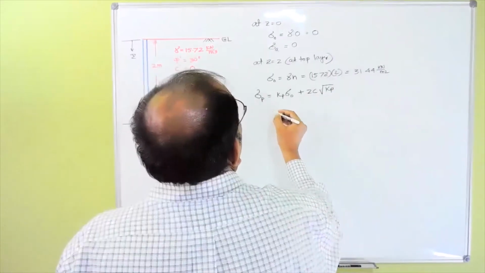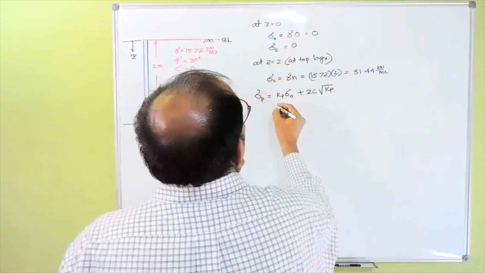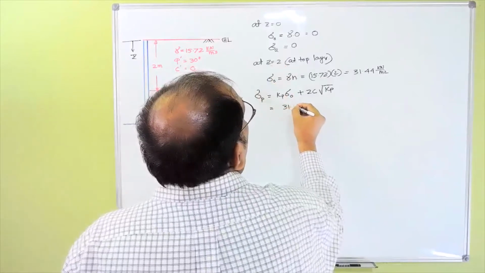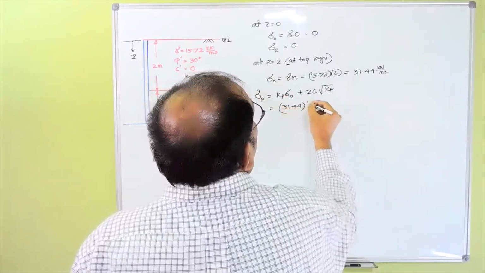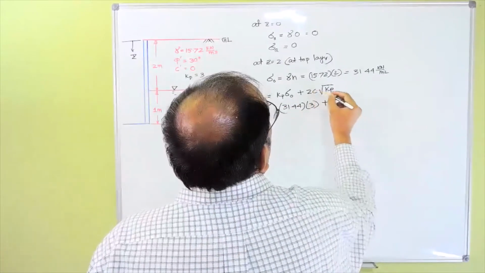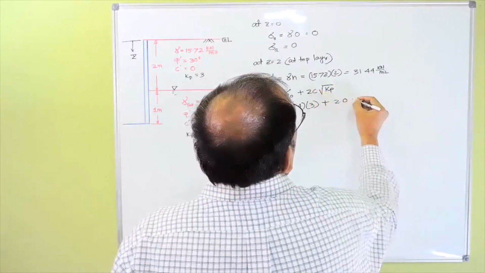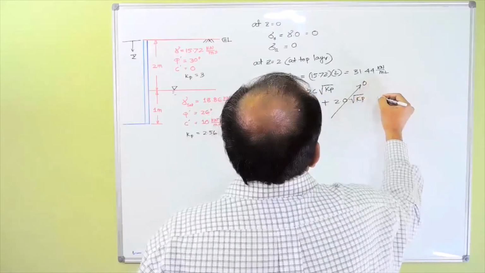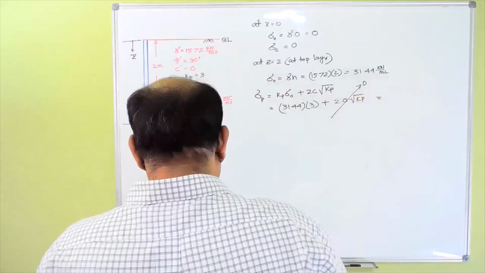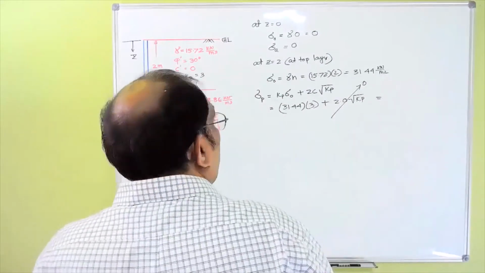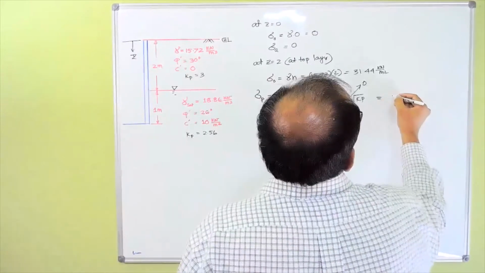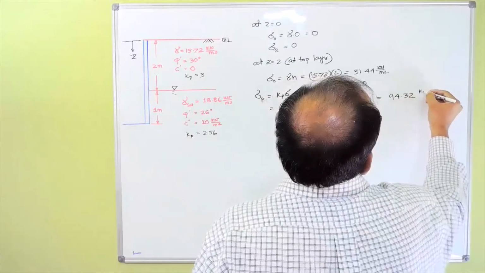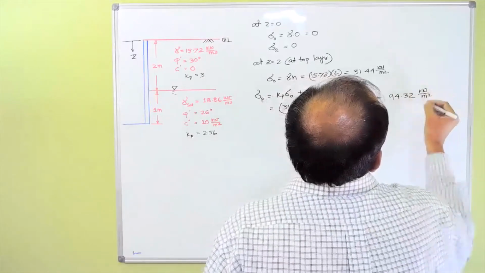So my sigma P at Z equal to 2 has to be 31.44 multiplied by 3 plus 2c, where c equal to 0 here. So this part is 0. So this one is actually 94.32. Okay.